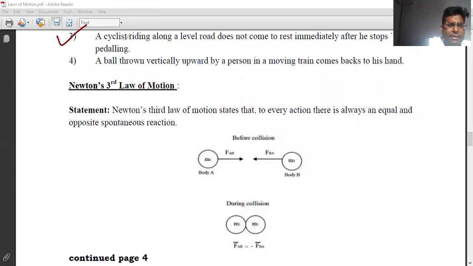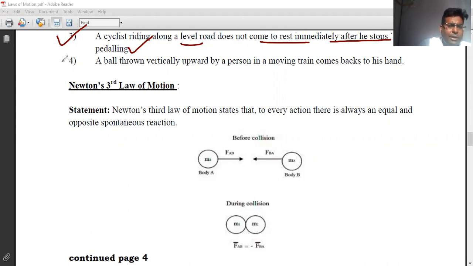Next, the third one is a cyclist riding along a level road doesn't come to rest immediately after he stops pedaling. Okay? Suppose we are riding a bicycle and moving with some velocity. Suppose we suddenly stop the cycle. Then we fall forward because our body parts are in the moving position.